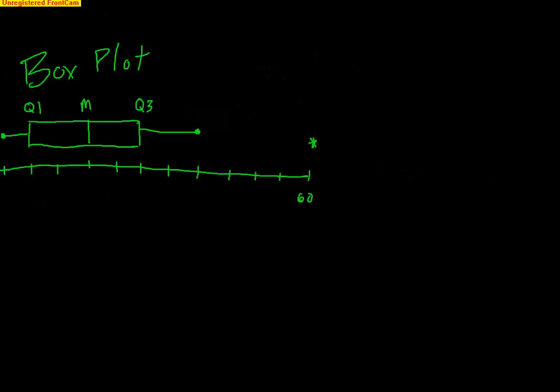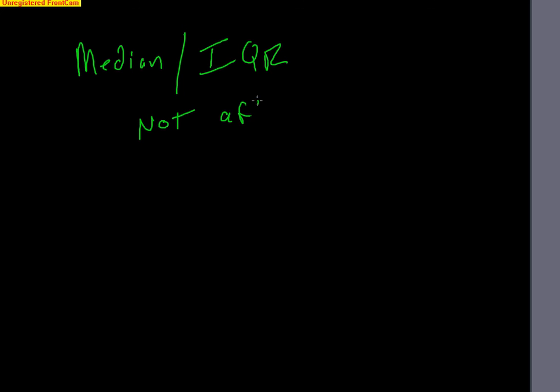All right, last thing I want to talk about: there are two pairs of statistics we have here. First off, we have median and IQR. They go together like peanut butter and jelly. Why? Because they're not affected by outliers or skewness.